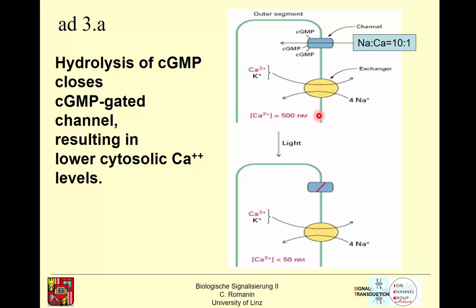So this limits the cytosolic calcium concentration in the dark to quite a high level, but without these transporters it would end up much higher, and maybe it would even lead to damage of the photoreceptor cells. So we have a concentration of about 500 nanomolar due to this exchanger.